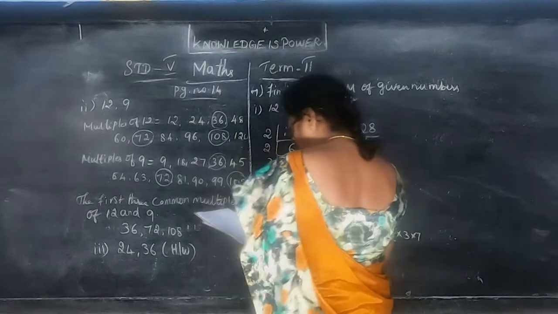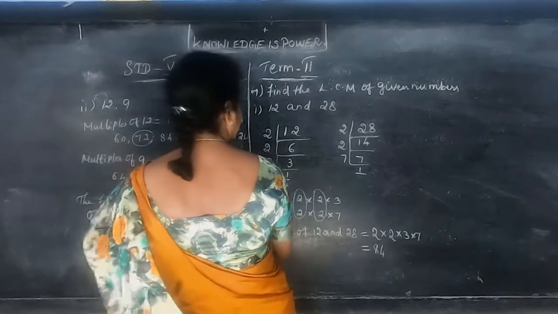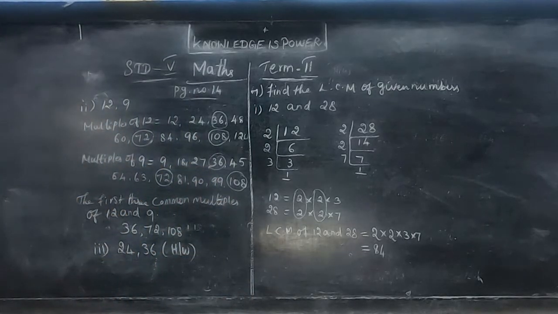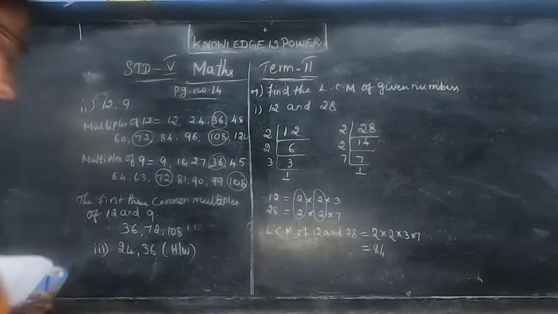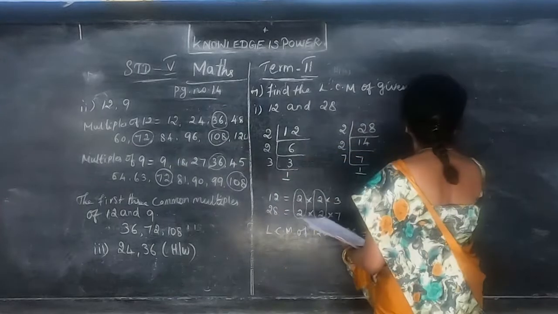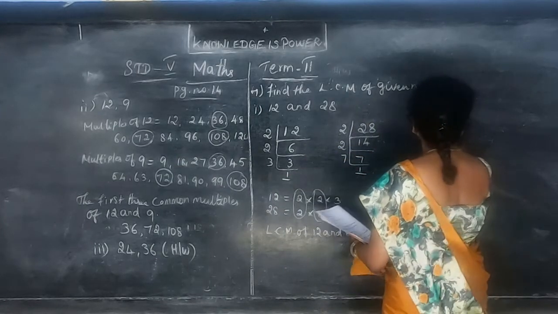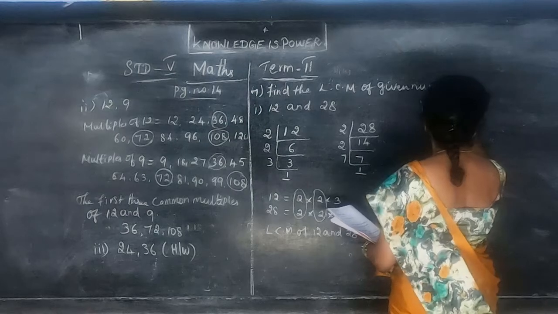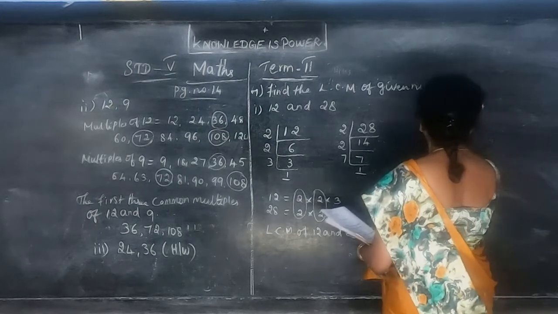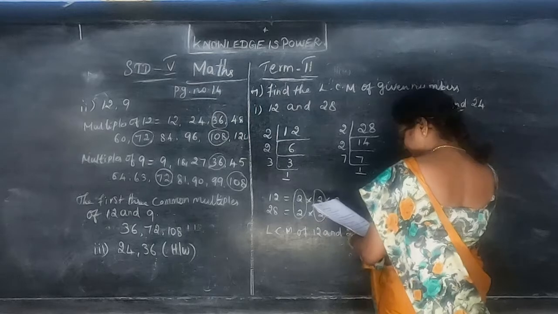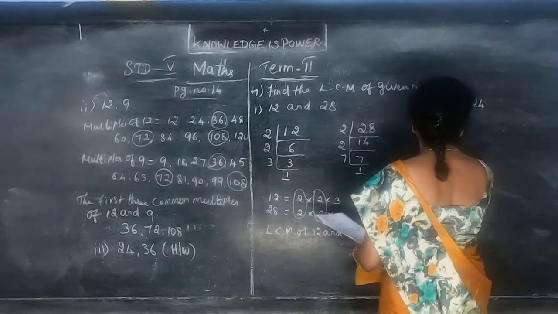Okay, so this is the sum. Second and third sums: the second sum is 16 and 24, do it in the same way. And the third sum is 8 and 14, very easy only.